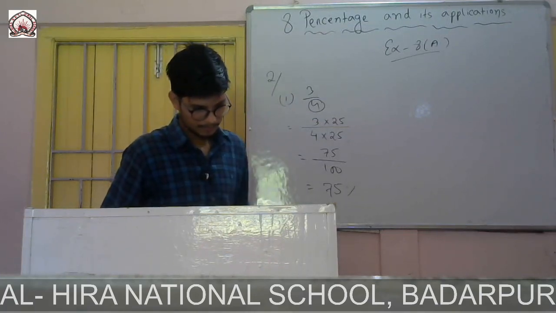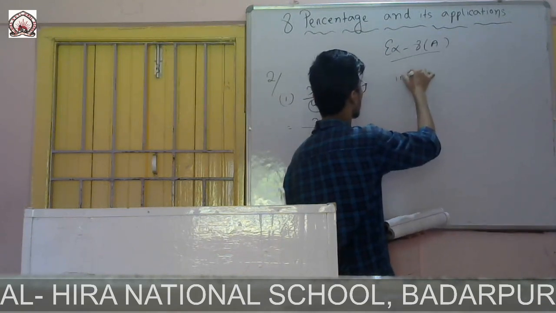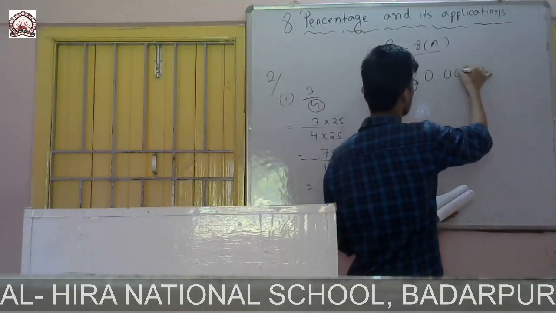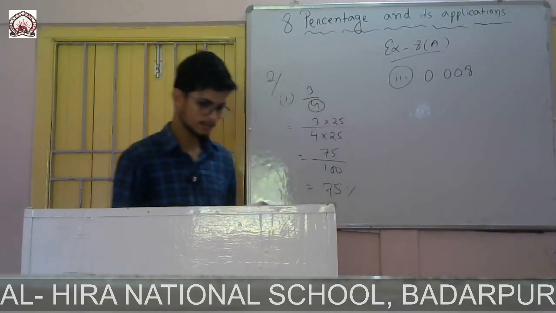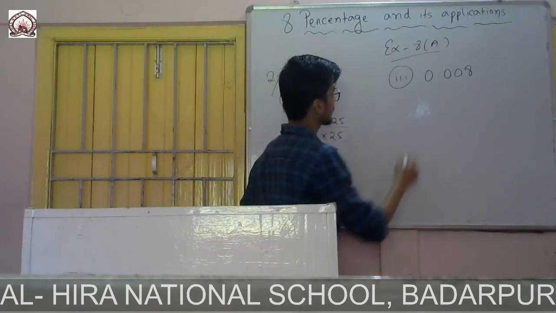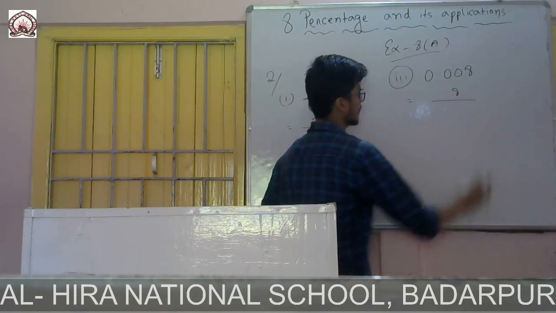Now let me do Roman number 3. It is 0.008. If I remove the decimal, you see 8 is there.